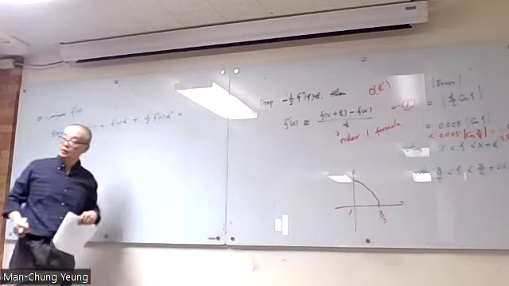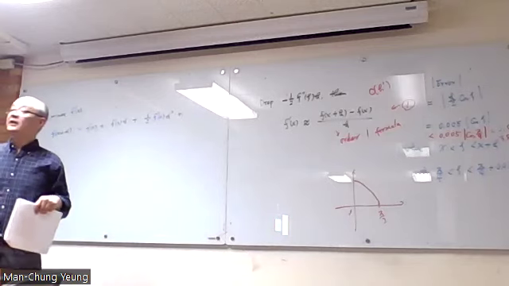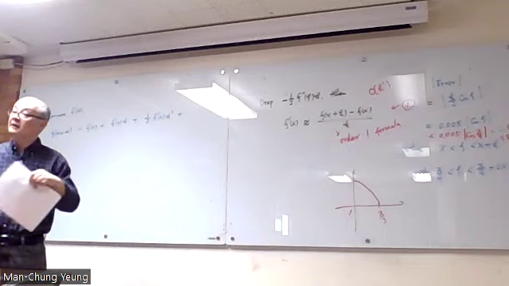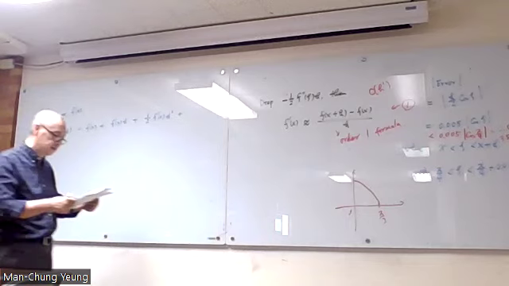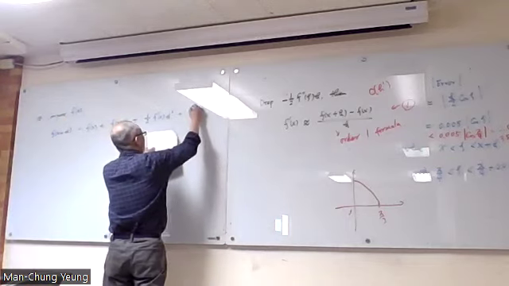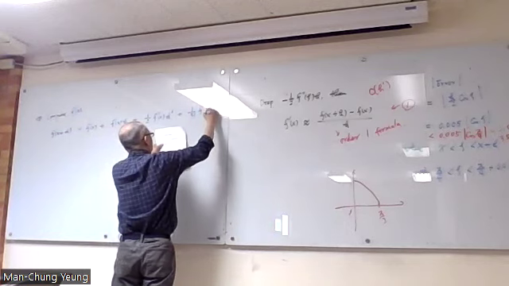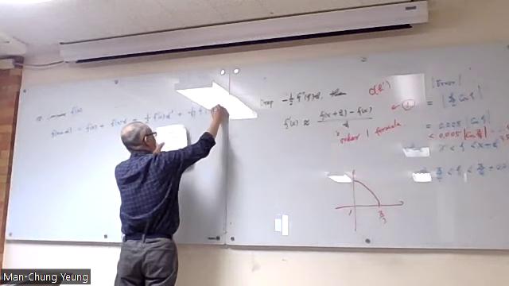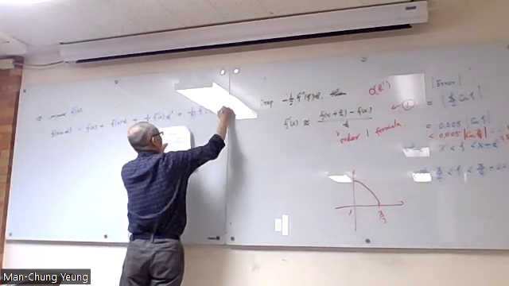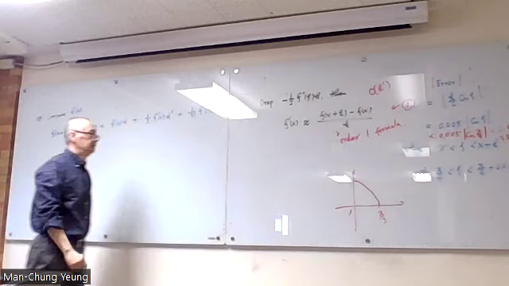To obtain an order 2 formula, I need more terms in the expansion. Then 1 over 3 factorial, the third derivative evaluated at some point psi 1, times h to the third.